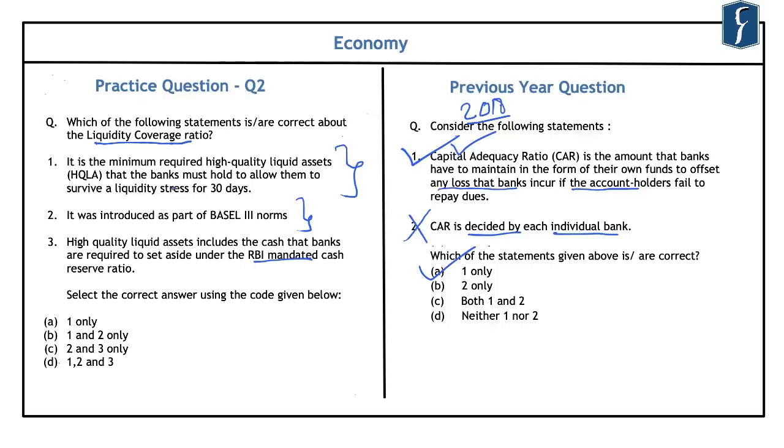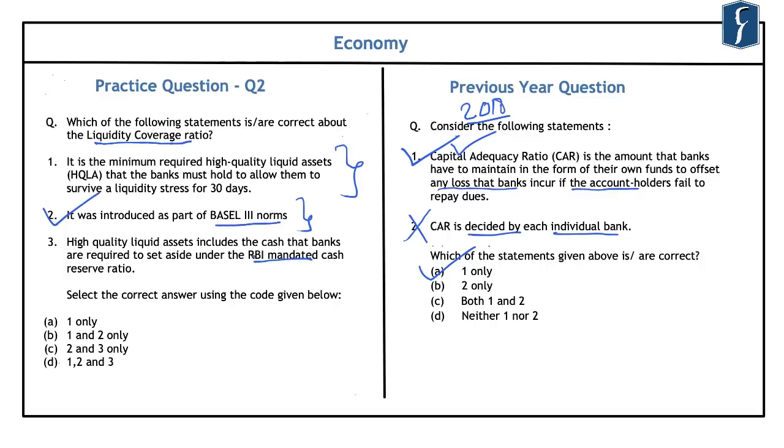However, recently the Reserve Bank of India has provided an exception that if out of the 18.25% SLR requirement, a bank is holding 17% of these requirements as government securities, they will be considered as high quality liquid assets. And this LCR ratio has been mandated or introduced as a part of the Basel III norms.